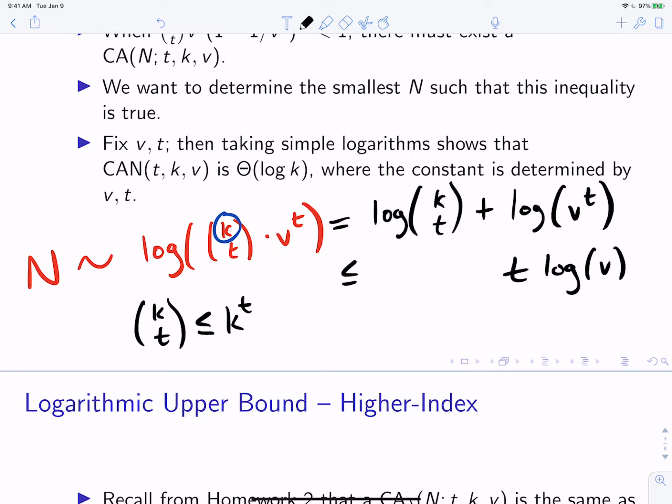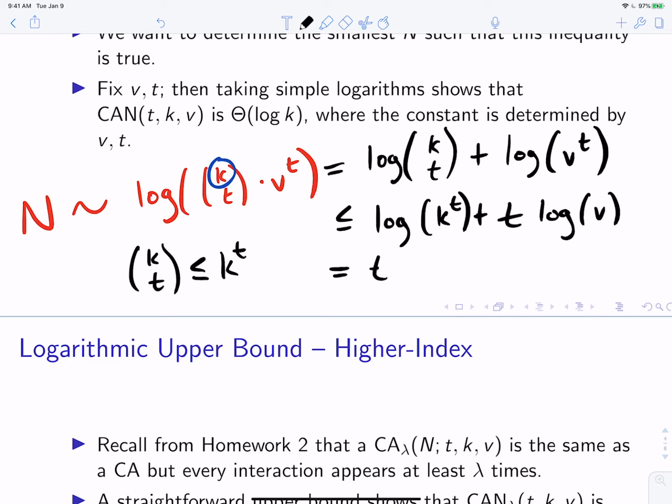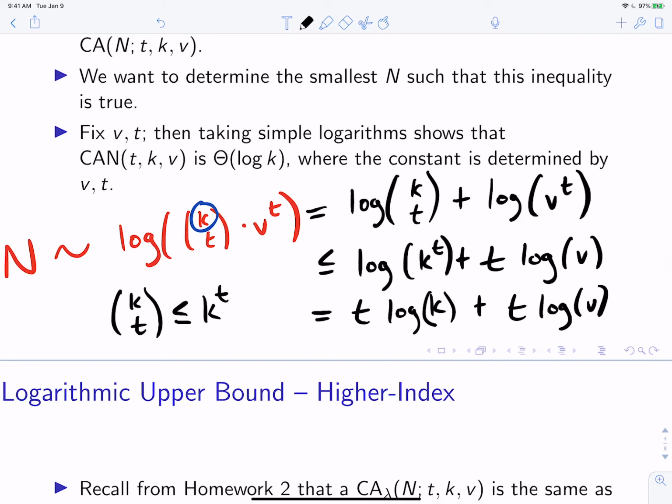So this thing on the right-hand side is at most log of k to the t, because the logarithm is a monotonically increasing function. Then we can just do the same trick that we did before, which is t log k plus t log v, and then divided by something else, but we don't care about that. In practice, we do care about it, but just for asymptotic purposes, we don't really care.